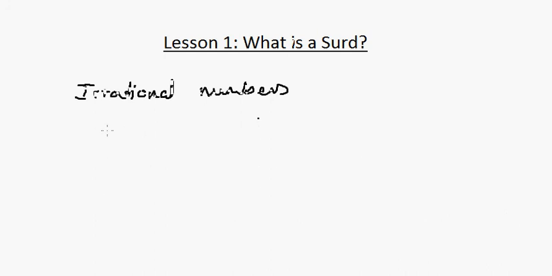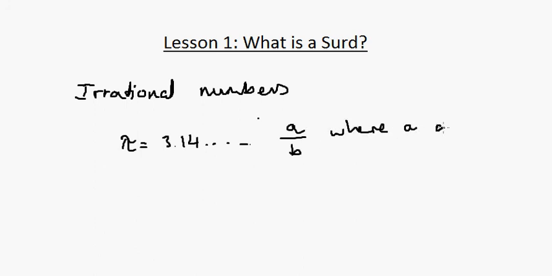If we give a few examples of what an irrational number is, a very common example is pi, which is 3.14 and so on. You cannot write this in the form a over b, where a and b are integers. So pi therefore is irrational. And so now this is where you come into surds.